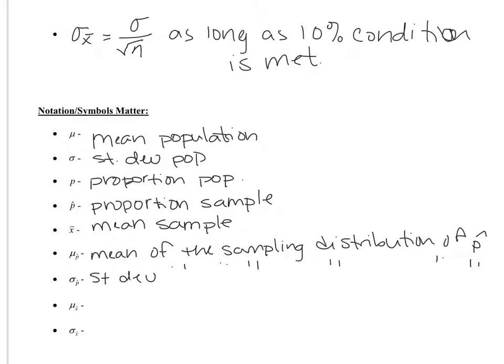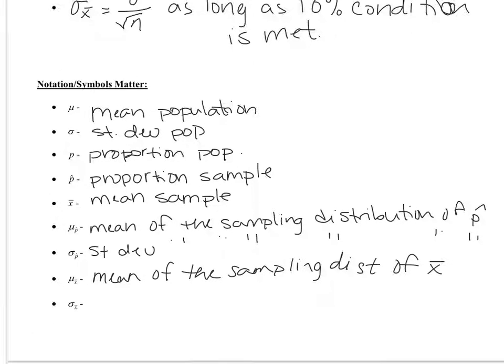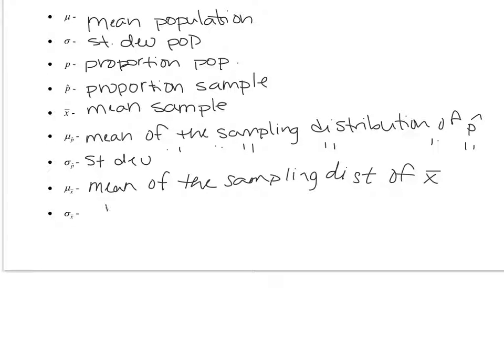And mu sub x bar is equal to the mean of the sampling distribution of x bar, basically the mean of the means. And then this is the standard deviation of the sampling distribution of x bars.